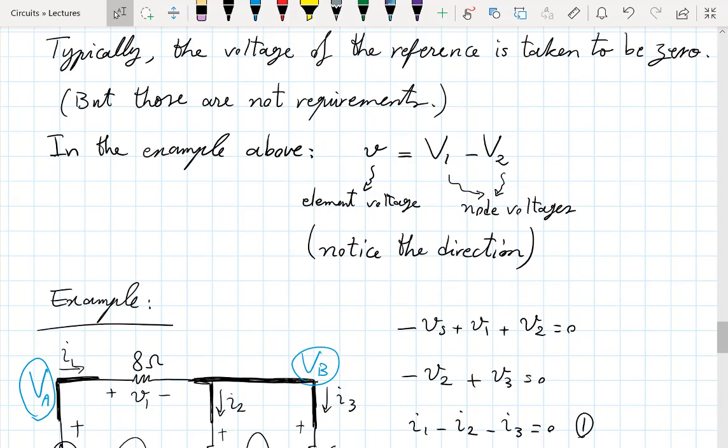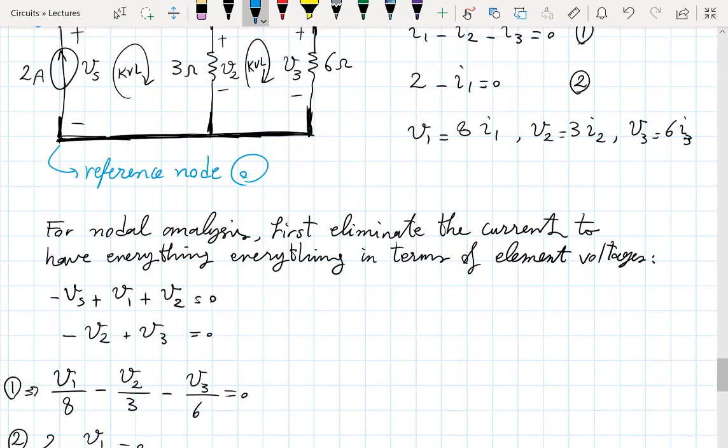This is where you enter KVL into your system. So this is essentially your KVL. So by choosing to work with node voltages instead of element voltages, you have automatically written your KVLs without having to do it explicitly.